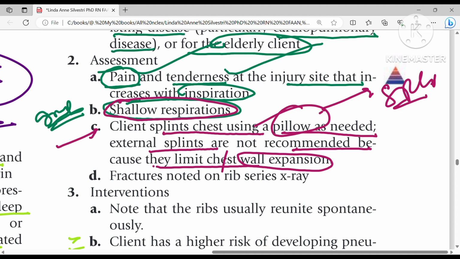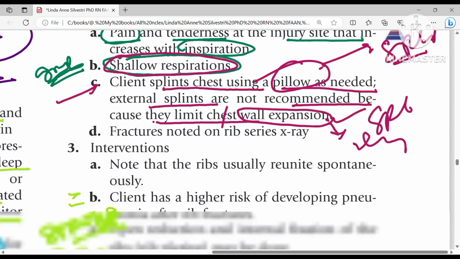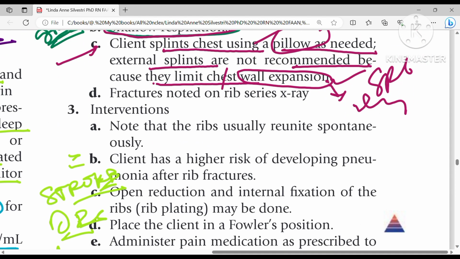We should not give external splints because they will limit chest wall expansion. If we give different types of splints to support the chest, it will inhibit chest wall expansion.